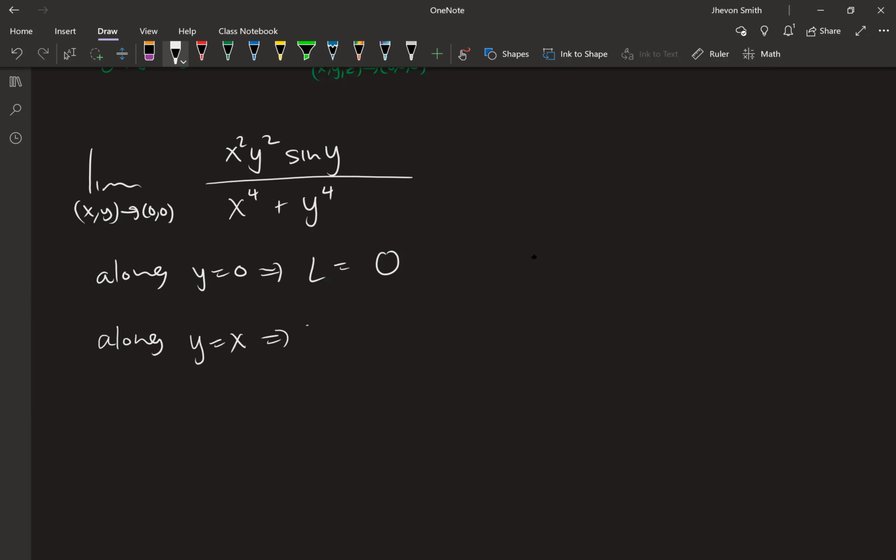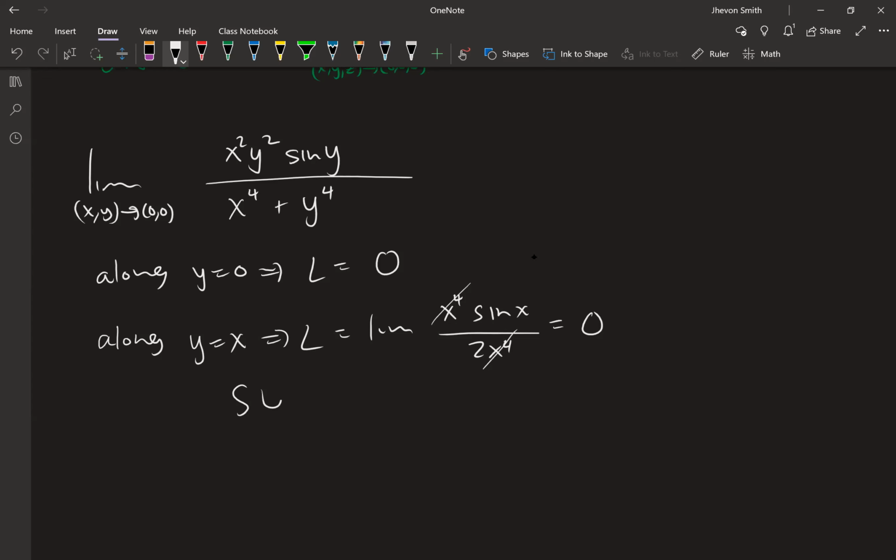Yeah. And so your limit is going to look like x to the fourth sine x over 2x to the fourth. These would cancel, and that's going to give you a 0 again once you actually evaluate the sine function. You would get sine of x over 2, and you plug in x equals 0, so it goes to 0.